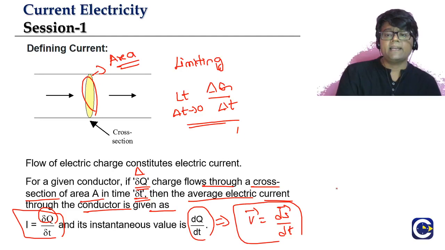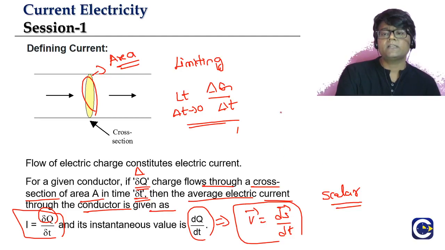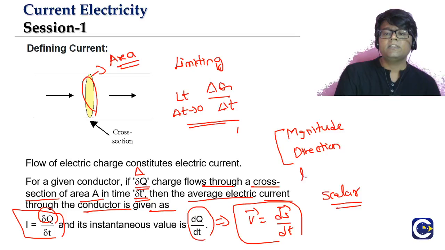And electric current is a scalar quantity. Here we are talking about direction, like the charge is going like this, but the electric current will not satisfy the vector law of addition. So what is the vector law of addition? For any physical quantity, magnitude and direction are required for a vector, but not only these two, the quantity must also satisfy the vector law of addition.